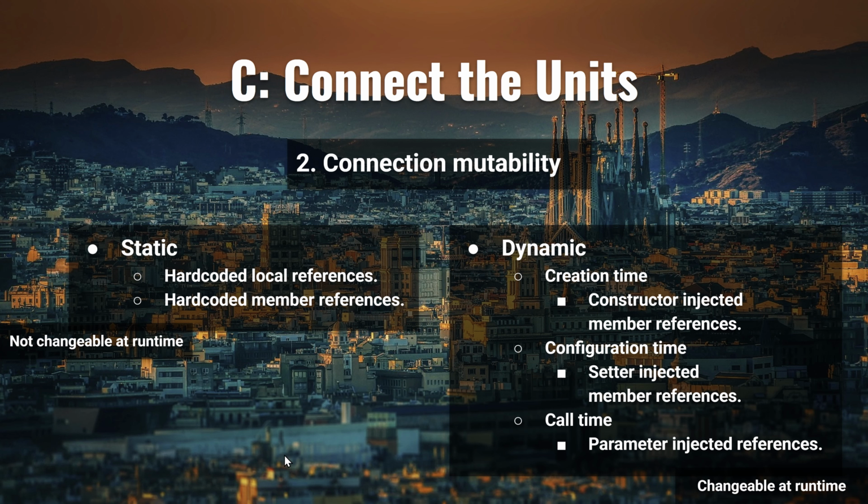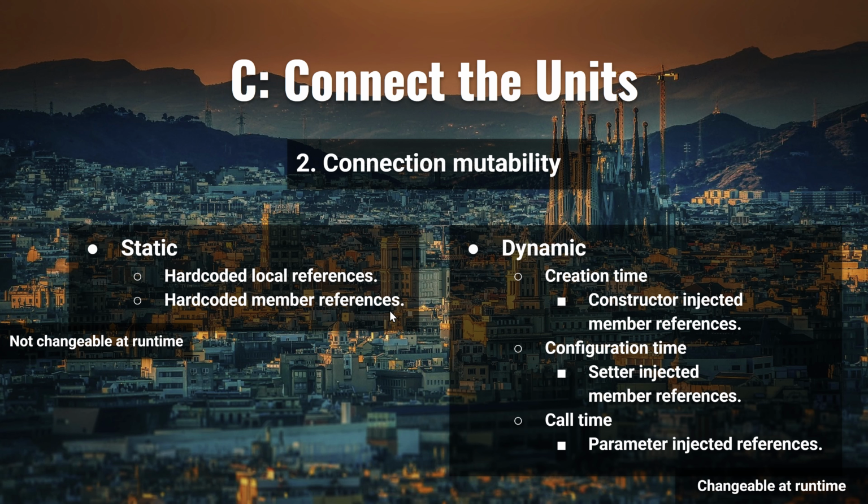Static connections are not changeable at runtime, meaning they are not mutable at runtime. For instance, a hard-coded local reference to a class inside of a function or method, or a hard-coded member reference to a given class, cannot be changed at runtime. It is defined at compile time, and that's how it stays during the entire runtime of the application or the system.